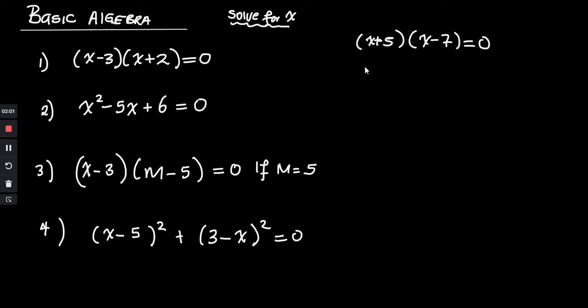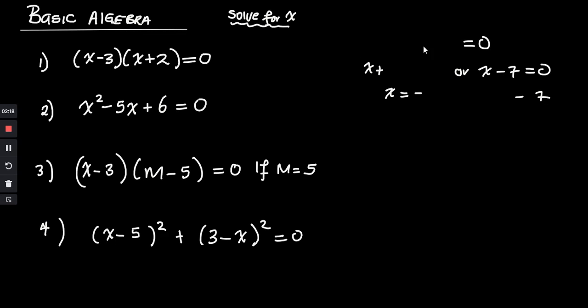Same thing: x + 5 = 0 or x - 7 = 0. So you have x equal to negative 5 or x equal to 7. Then we're going to look at a different example, the second problem now.